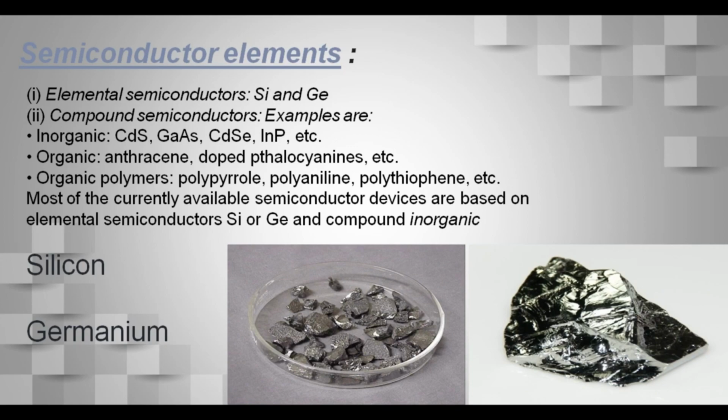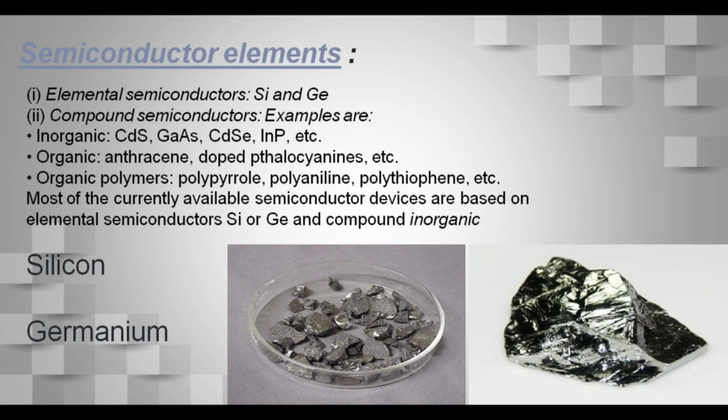The meaning of semi comes from half. So, they are half conductors, semiconductors. So, if they are half conductors, they are half insulators. This property makes them very important in the study of electronics.